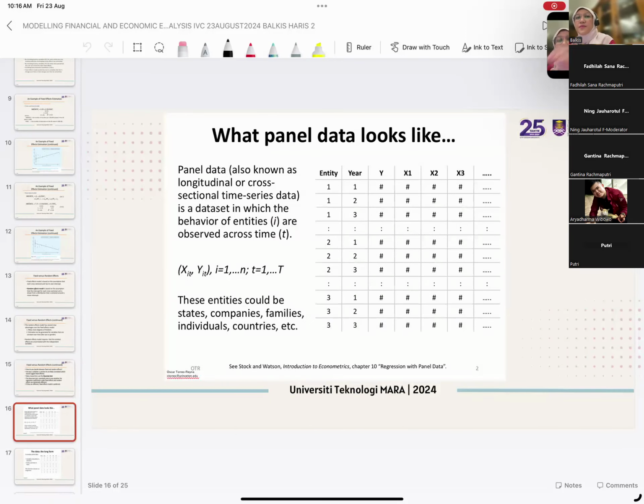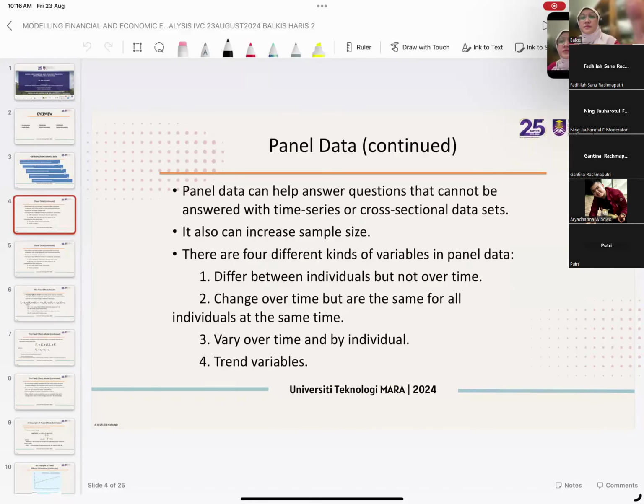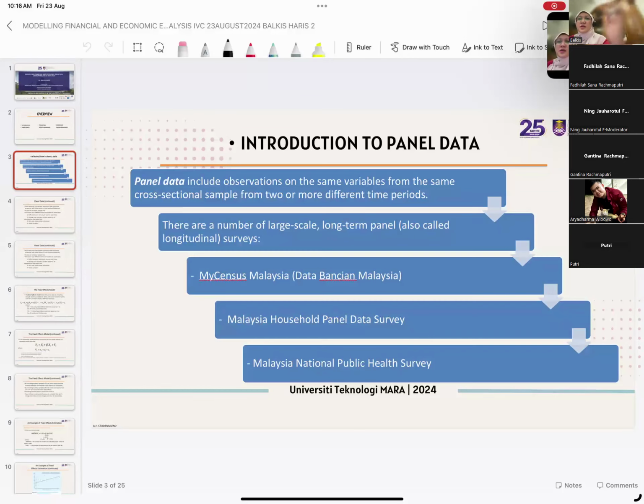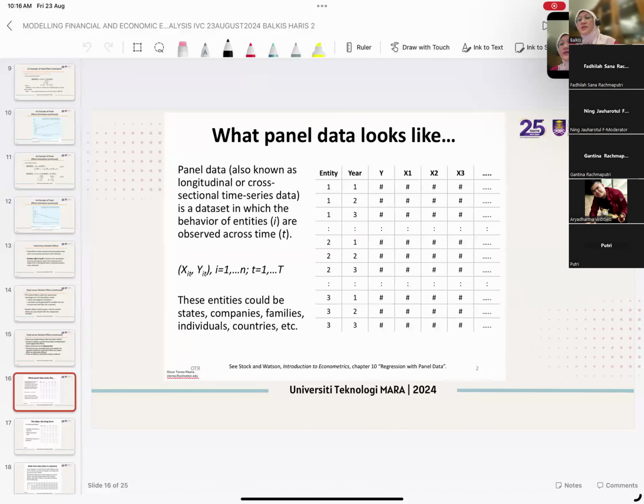Based on this, panel data has the same variables from the same cross-sectional sample over two or more different time periods. This is how it looks like. The entity is number 1, number 2, number 3. The year can be year 1, year 2, year 3.